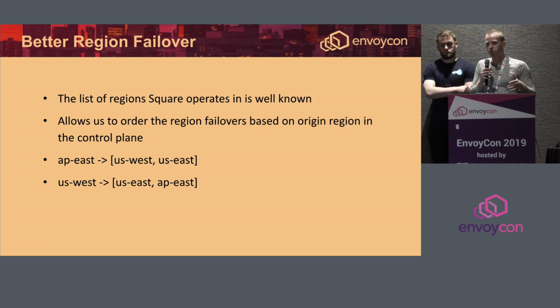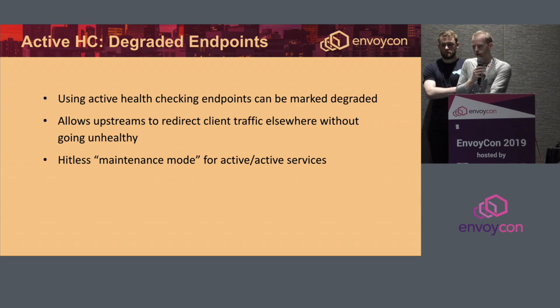There's no way to configure this because there's no need to, because we know which ones are closer. And then the last thing I wanted to talk about from Square is that we use the concept of degraded endpoints. We use active health checking, and we have active degraded health checking in the sense that we can have upstreams respond with a specific header so that they get marked as degraded.